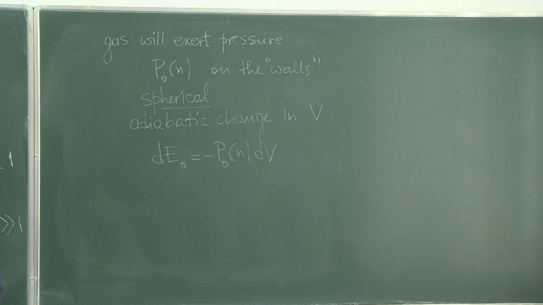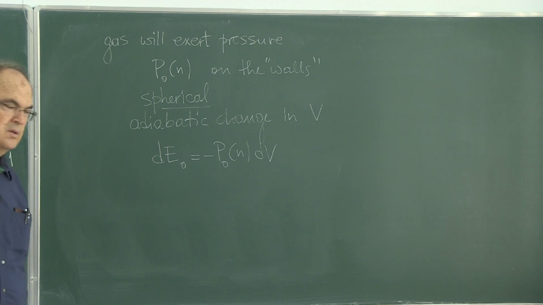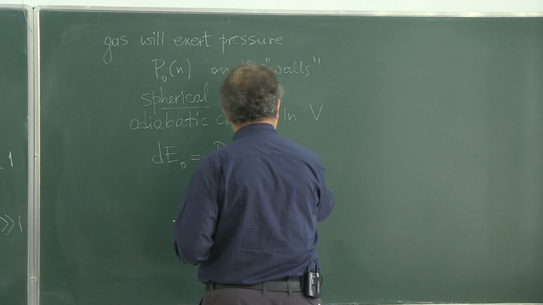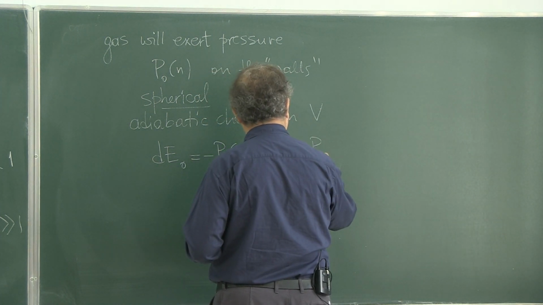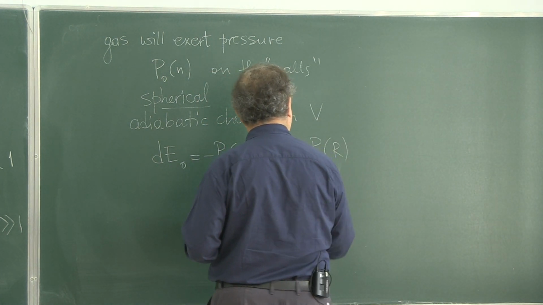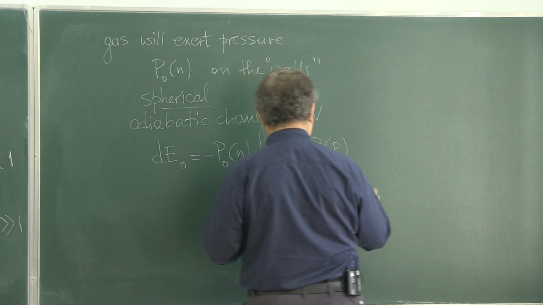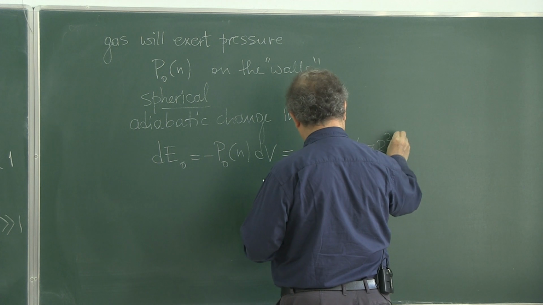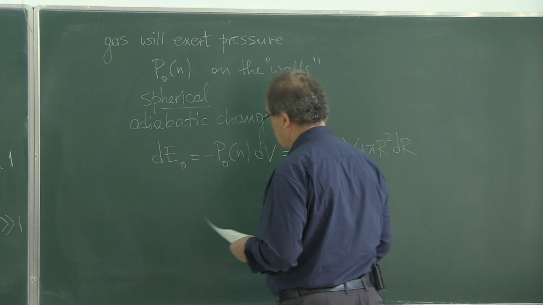An expanding gas lowers the temperature, isn't it? There's a change in energy: minus P0 at radius R of this sphere corresponding to the star, 4 pi R squared dr is the volume element.